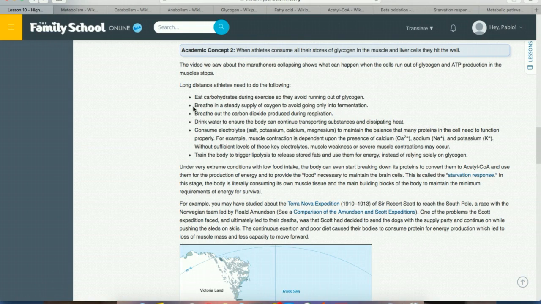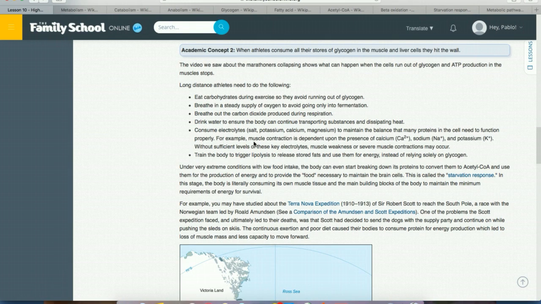So yes, you have to keep breathing in. Breathe out the carbon dioxide produced during respiration. Drink water to ensure the body can continue transporting substances and dissipating heat. We talked about that. And consume electrolytes: salt, potassium, calcium, magnesium. So we need to also eat these things to maintain the balance that many proteins in the cell need to function properly.